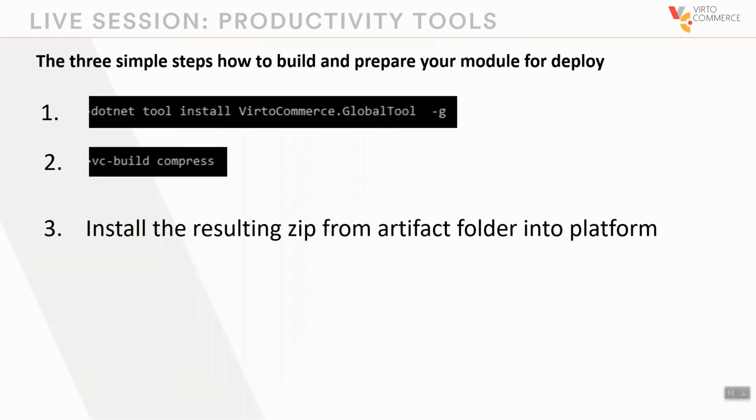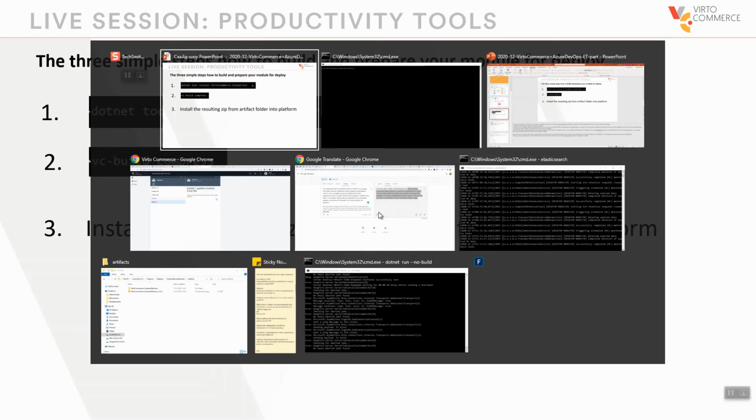And the last step, go to the artifacts folder that holds the new zip that contains all the files for the module. All we have to do is install this zip in the running platform instance via the web interface, or just copy it to the modules folder, unpacking the resulting zip. And the platform will discover and load your module after restart.